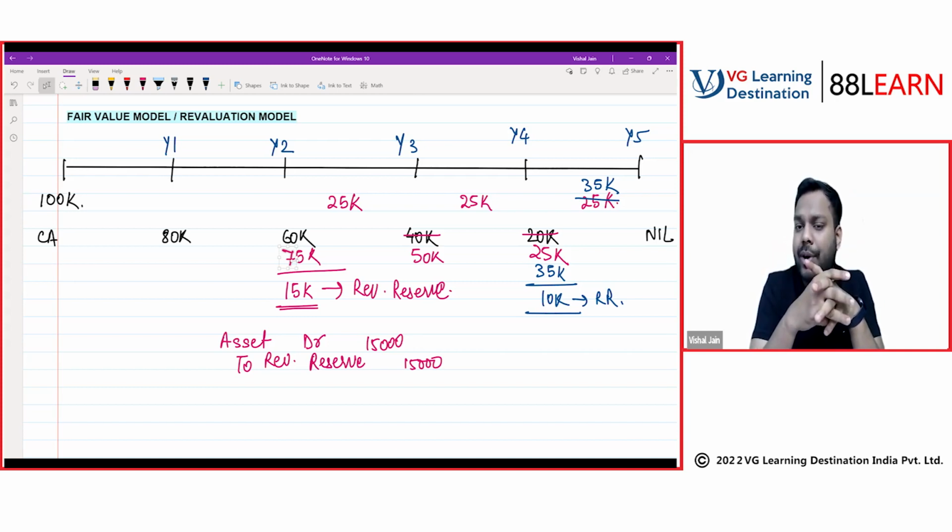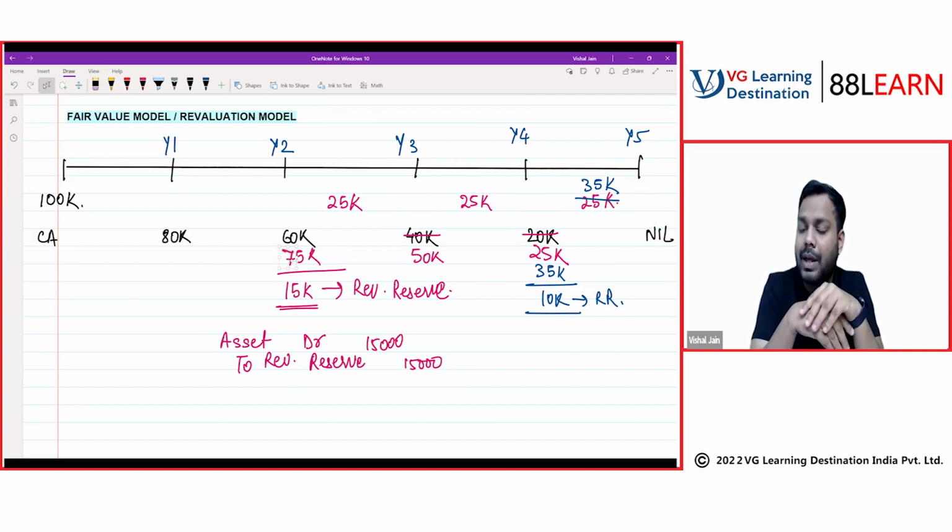Because if we transfer it to P&L, what will happen? It will lead to recording income which is not realized and which is not certain to be realized. And being conservative, we cannot record any income which is uncertain, right? That's why we are recording a revaluation reserve, which forms part of the equity, or the shareholders' funds.